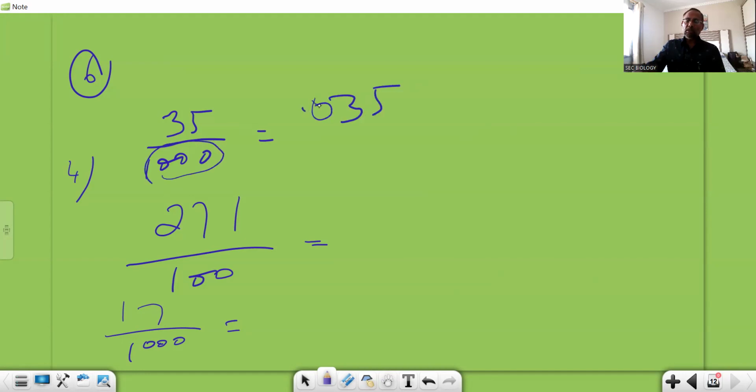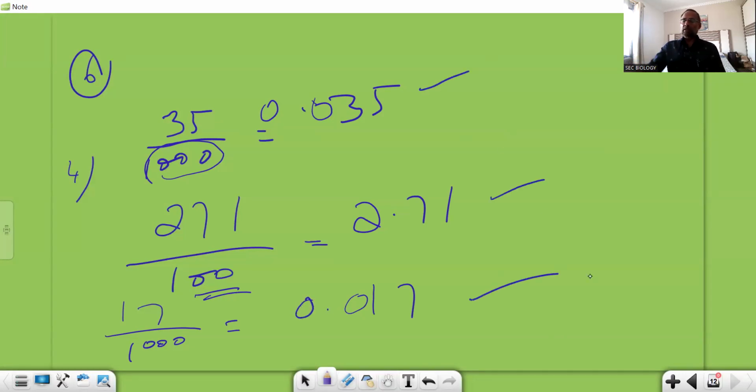Put 3 places: 0.035. 271 means 2.71, 2 decimal places. Here 17, we need 3 places, so put one more zero: 0.017.